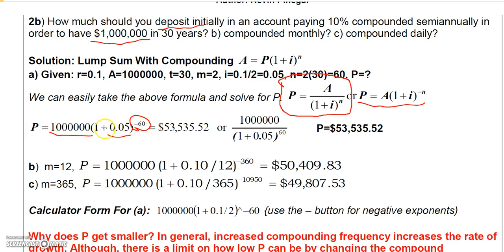So I'd have 1 million times 1 plus 0.05 raised to the negative 60. That means I would need a little over $53,000 in order for that to grow to $1 million in 30 years. And by the way, this is just another way to write it if you use the first formula where you do A over 1 plus i to the n.